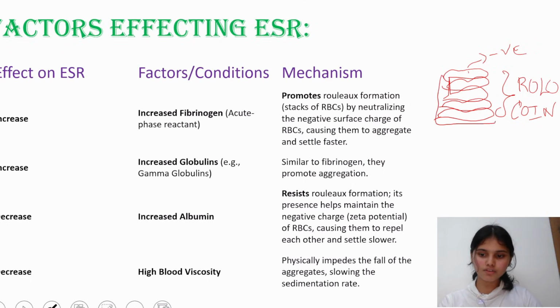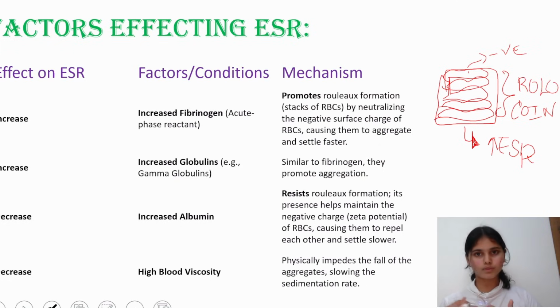This aggregation of RBCs is nothing but rouleaux formation. The more the rouleaux formation, the more the ESR, which is facilitated very well by fibrinogen. What are the other cases where it could increase? Increased globulins, especially gamma globulins. The mechanism is pretty much similar to fibrinogen, where they promote aggregation as a whole.